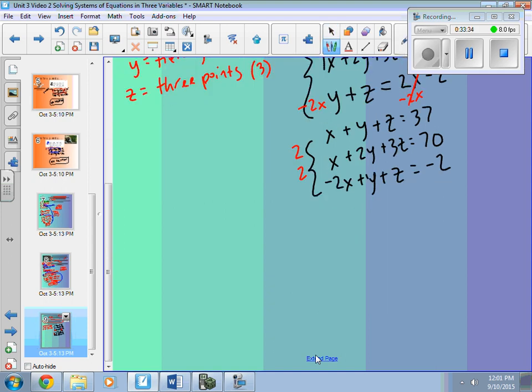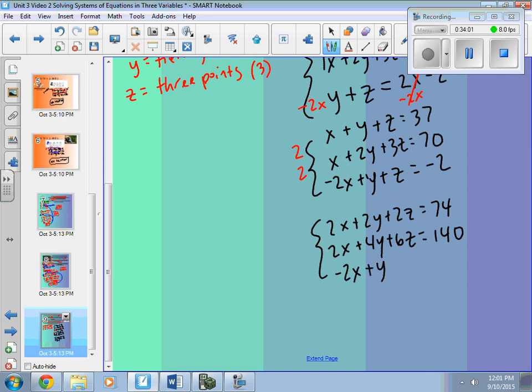So if we multiply everything on the first 2 by 2, we get, oh, forgot to multiply the constant term. Don't forget to do that. That would end up being 74. On the next one, you get 140 multiplying the constant term. And the last one we said we're not going to do anything with because we like that negative 2 there to eliminate. Okay, now we got to add.